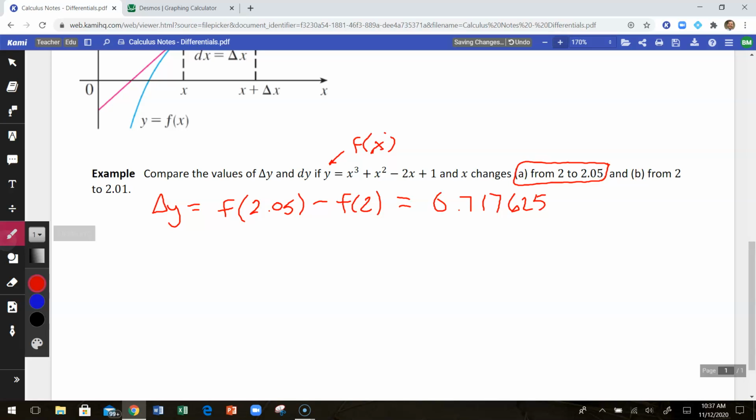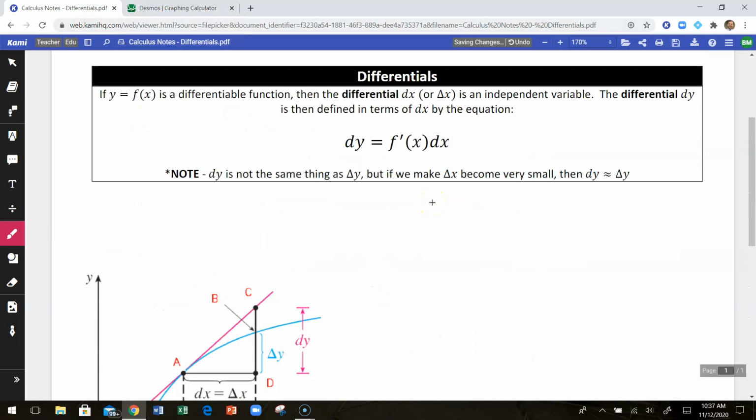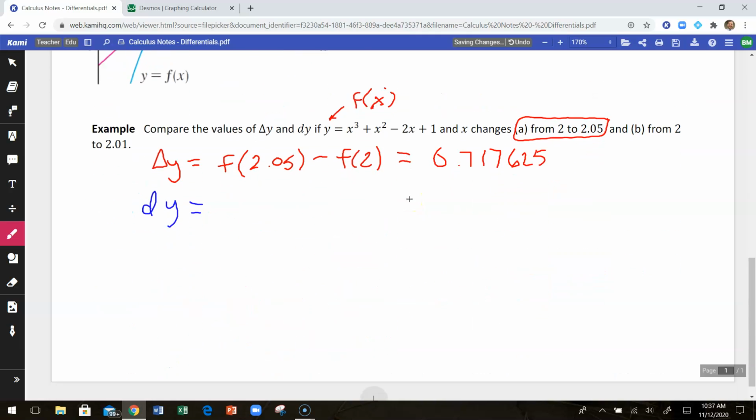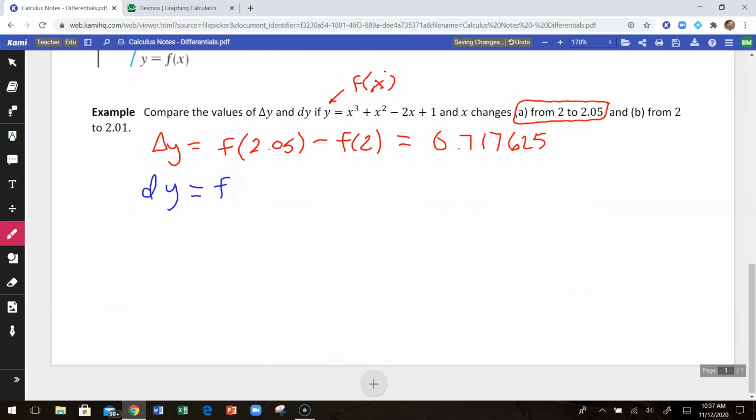I want to compare that with dy. So dy, in our definition of what dy is, it's f prime of x times dx. So I want to find f prime of x times my change in x. So I need to have the derivative of this, which should be pretty easy to do.